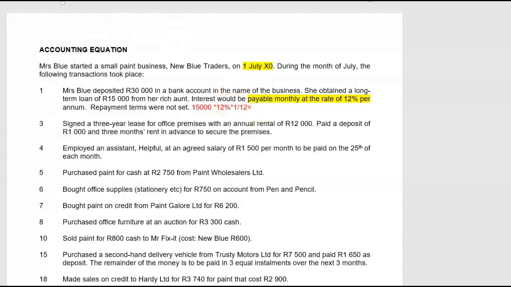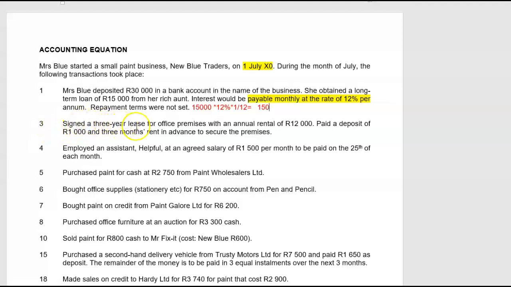So at the end of the month, we have to account for that interest that she was committed to pay on a monthly basis. So we will see whether she did pay it, whether she didn't pay it. But if she didn't pay it, then it means that we have to make provision for that as at 31st of July.